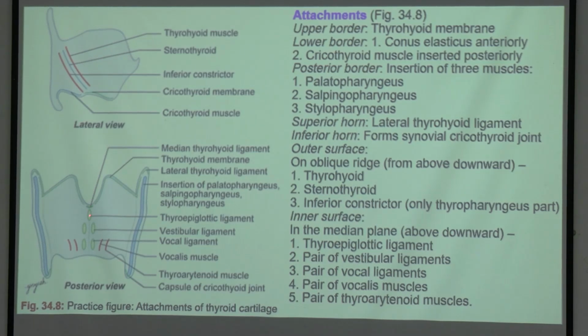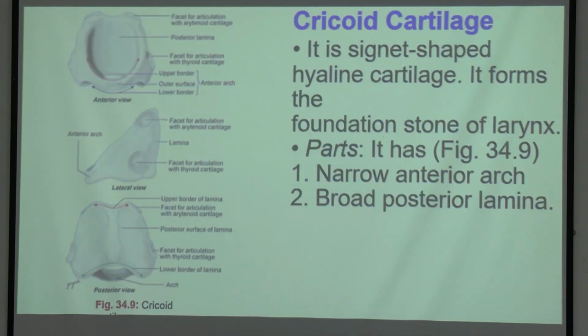Thyroid to epiglottis, thyroepiglottic ligament. This is the vestibular ligament. This is the vocal ligament. This is the posterior lamina and anterior arch of the cricoid cartilage.